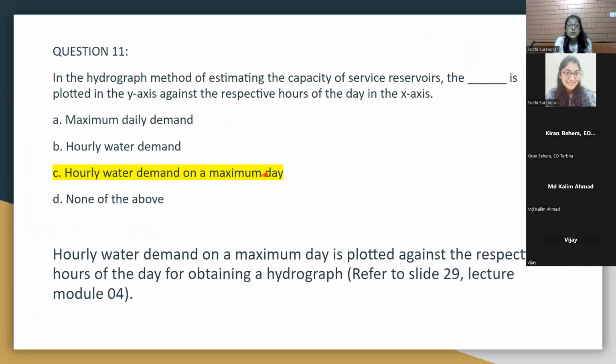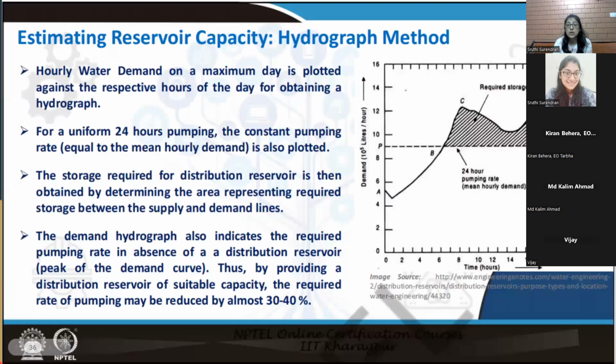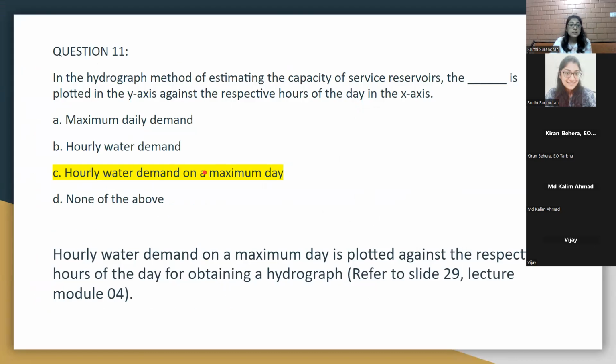hourly water demand on a maximum day. I think you need to remember this, because I don't see maximum daily demand anywhere. A mass curve is always a cumulative value of the demand. So hourly demand on a maximum day is what is going to be plotted on the y-axis, and time is going to be the value on the x-axis.